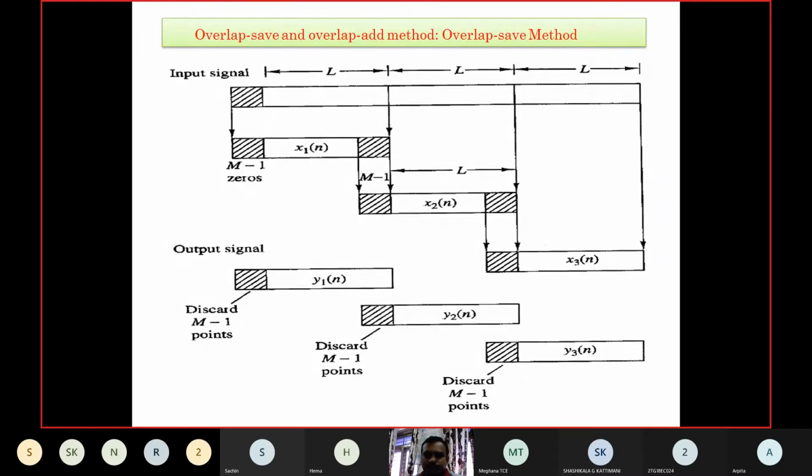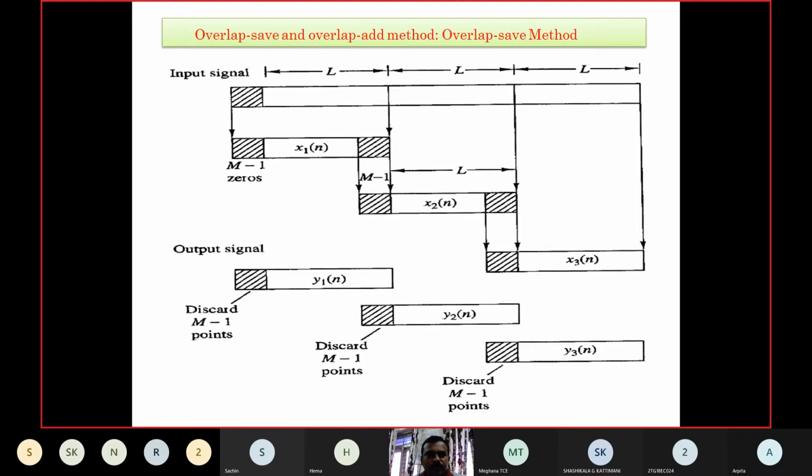We discussed the overlap save method, where the given long sequence x of n is split into a number of blocks, and each block has size L plus M minus 1, and each block is convolved with h of n, that is the impulse response of the system.